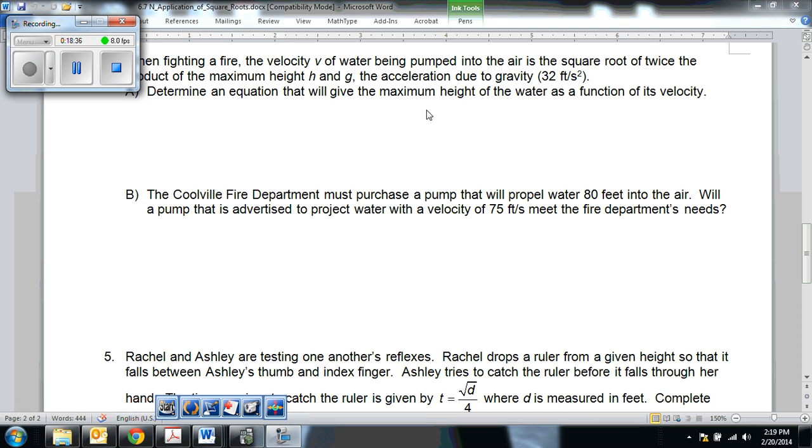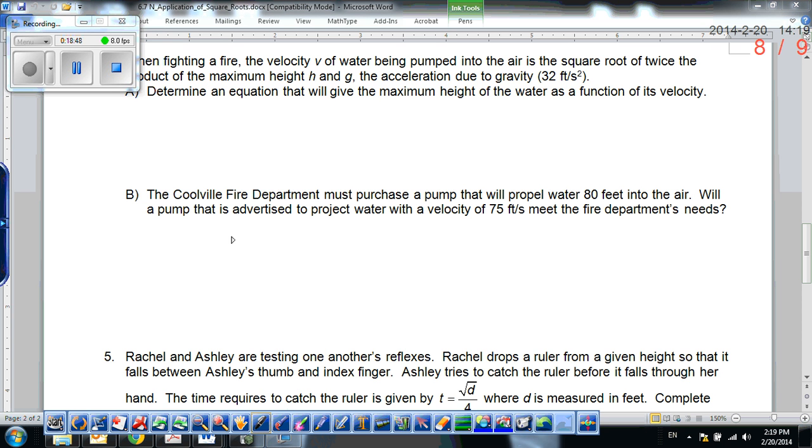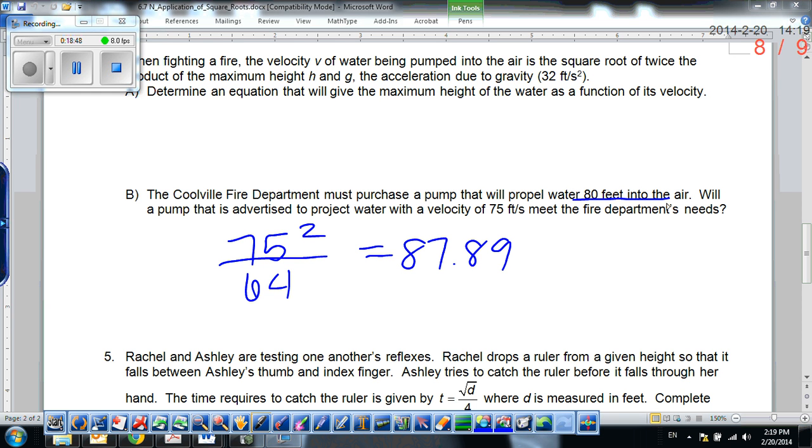Okay, so now that a lot of you have had a chance to finish through these, let's go ahead and talk about it. For 4B, what did you get? Yes. If you plugged in 75, you would have gotten 75 squared over 64, that gave you 87.89 feet, which is definitely at least 80 feet.